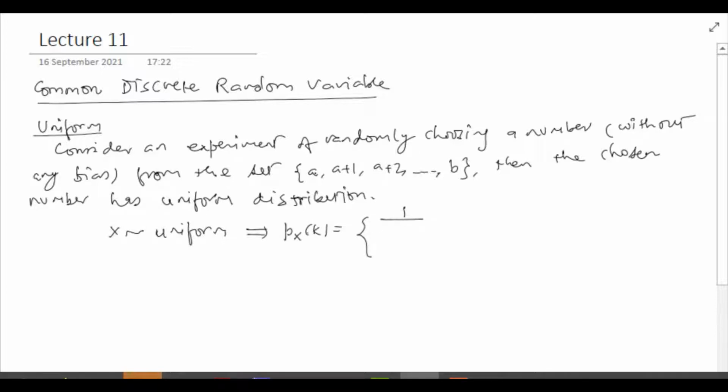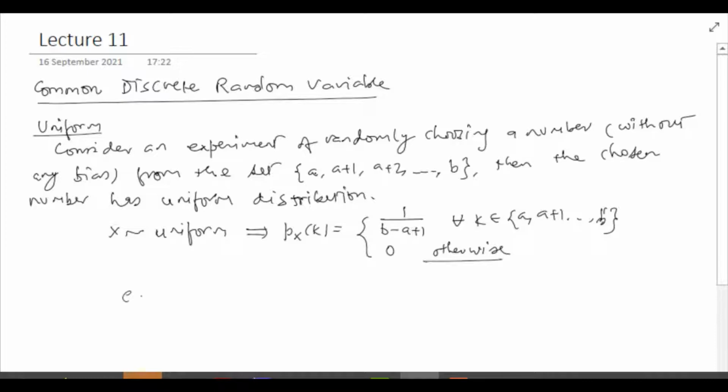It doesn't depend on k. It is 1 by B minus A plus 1 for all k in A plus 1 dot dot dot B. Notice that there are total B minus A plus 1 elements in this set. So each one has probability 1 by B minus A plus 1. It's 0 otherwise.